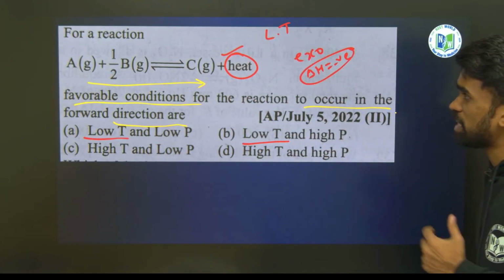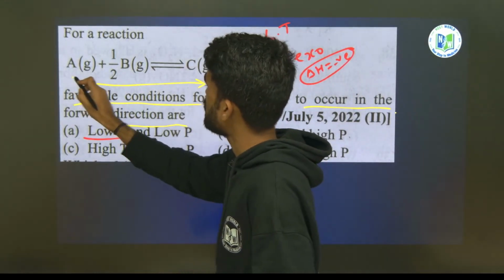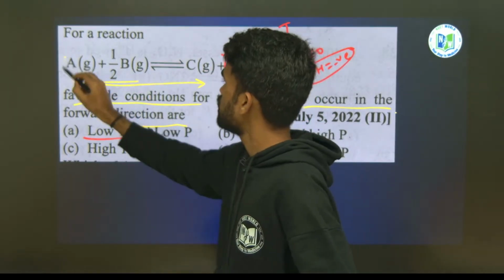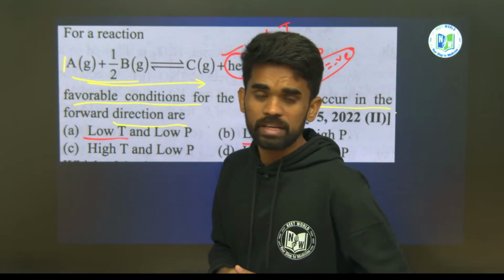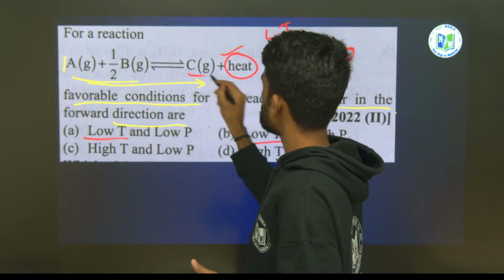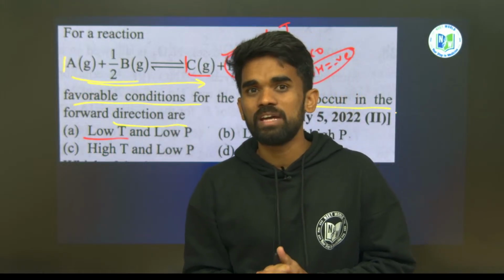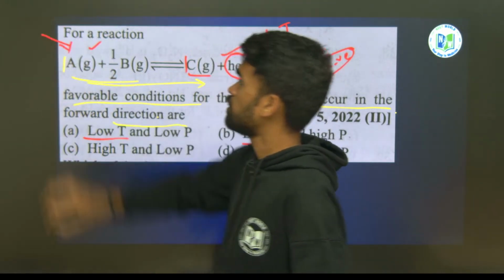Now, what is the effect of pressure here? See, how many gaseous reactants do you have? 1 plus 1 by 2, so you have 3 by 2 gaseous reactants, and the gaseous product is 1. So the number of gaseous species is more on the reactant side. So the effect of pressure will be more on the reactant side.